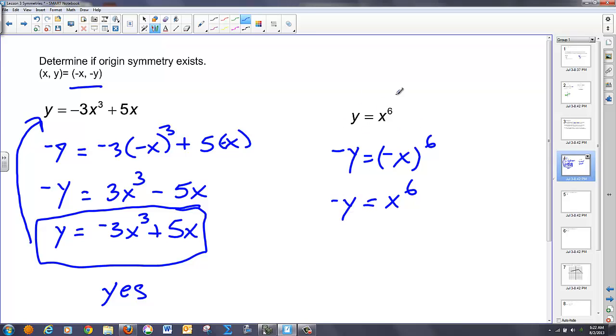But again, I want to make it look exactly like this, so I'm going to divide by negative 1 and I get y equals negative x to the 6th. And in this case, this negative in front of the x to the 6th is not present in the original. So this is not origin symmetric.